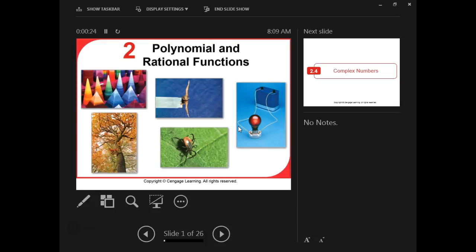So, any questions on anything we've covered so far? Okay. All right. We're in Chapter 2, Section 2.3. We just finished that last time, but we didn't have a chance for the vocabulary, so let's hit the vocabulary fairly quickly here. Two forms of the division algorithm are shown below.